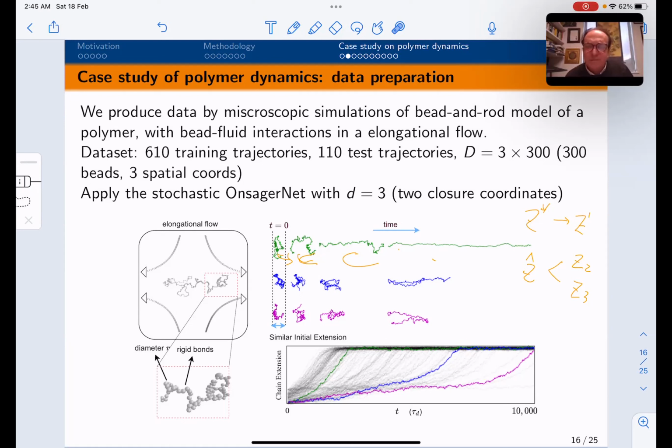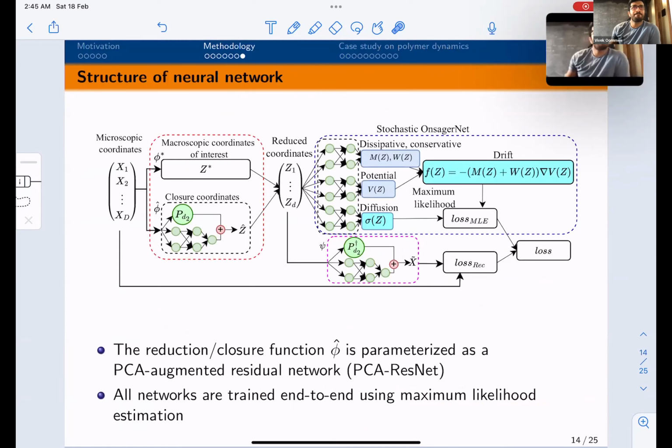This is the training trajectory. Actually, the training trajectory means a lot of trajectories, like the polymer dynamics trajectories. We have 600 trajectories, and then we use our method here. This is our observation data.